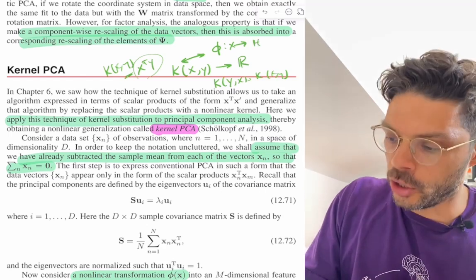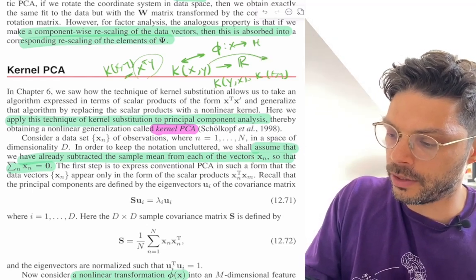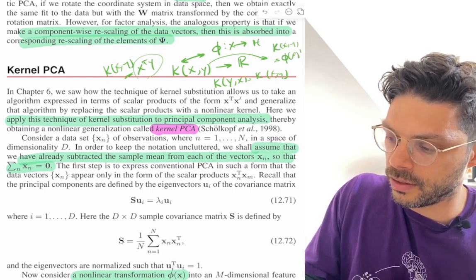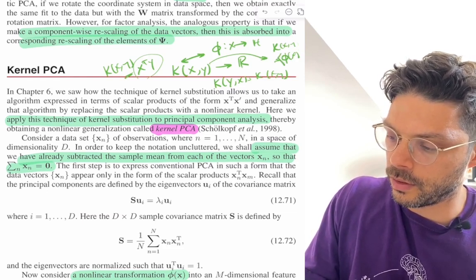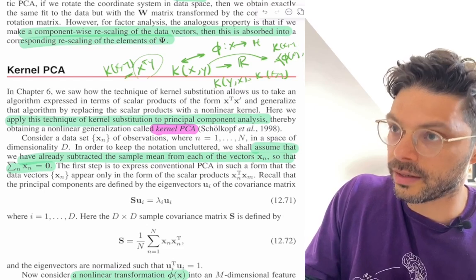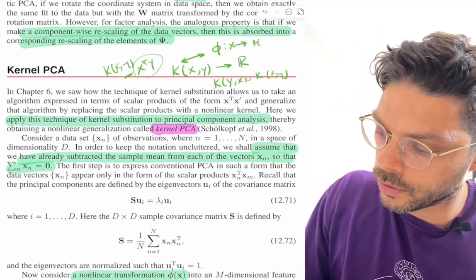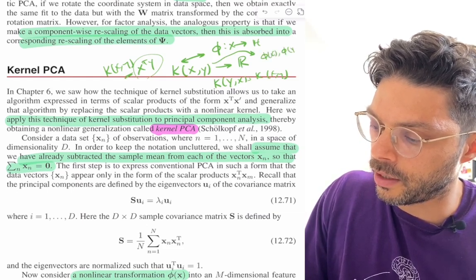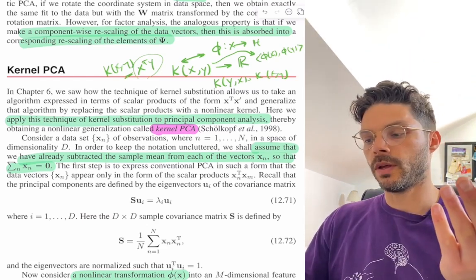And the kernel itself becomes k of x, y equal to an inner product on that Hilbert space of phi of x and phi of y.